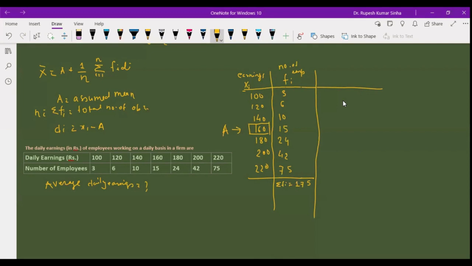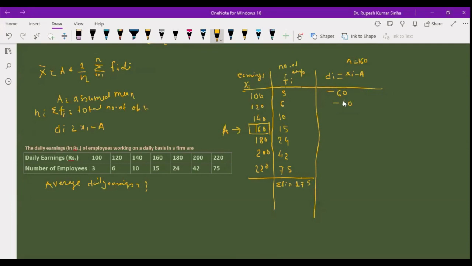Now we have to find out Fi di. So for that, first we need to find out di. How to find out di? di equal to xi minus A, and we have taken 160 as the assumed mean. So 100 minus 160, 120 minus 160, 140 minus 160 and so on. 100 minus 160, we are going to get minus 60.